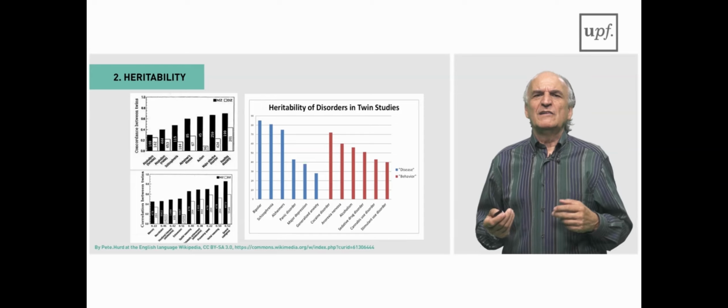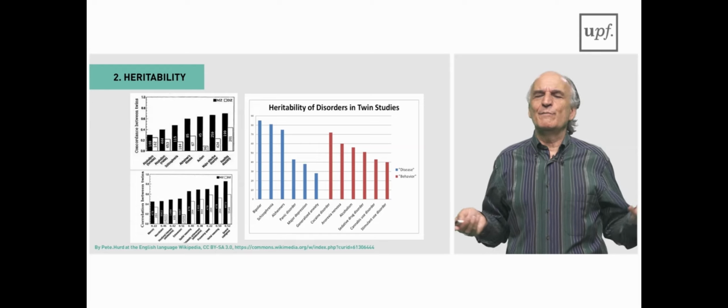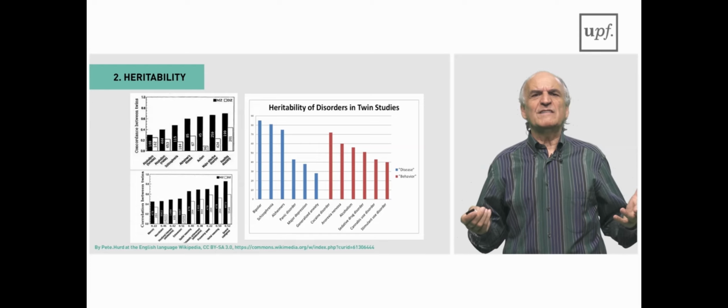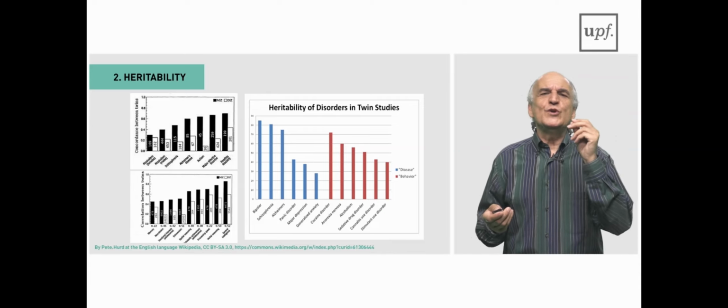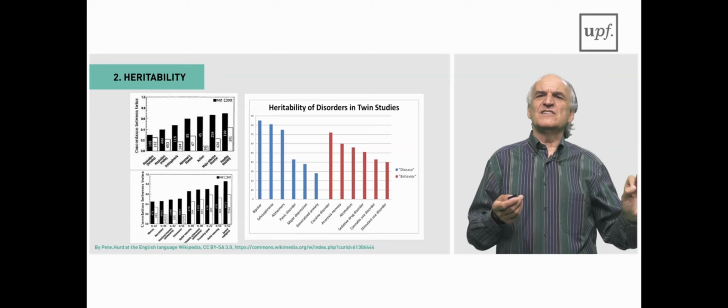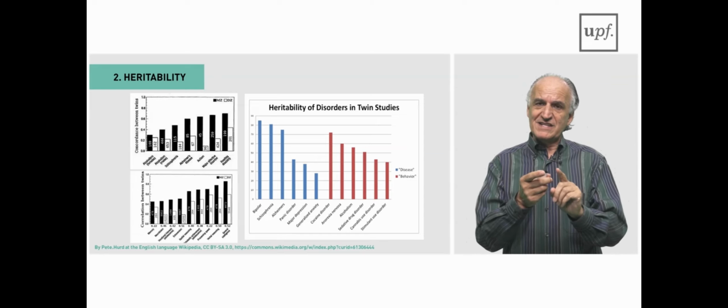For example, there are psychiatric conditions for which we know that we have a heritability, let's say, of 0.7, which is quite high, but for which we do not know yet which are the specific genes at the base of that. But something there must exist.